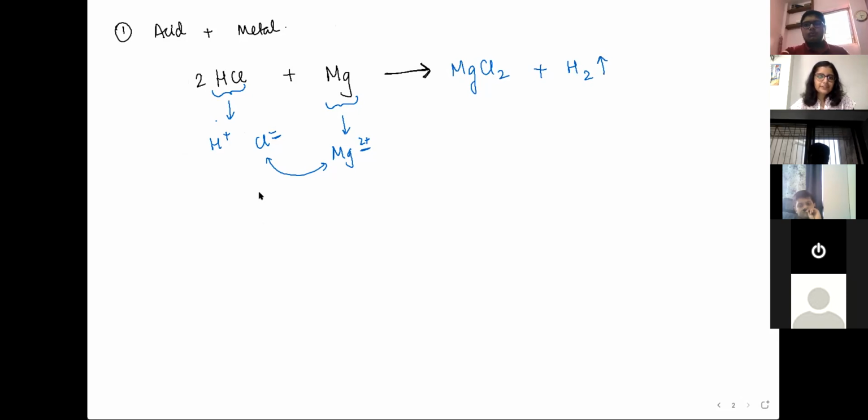So if we were to write the generalized equation, acid plus metal gives... what sort of a compound is magnesium chloride? Dhruv, Dhruv.